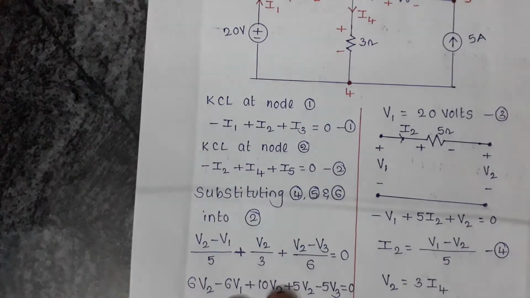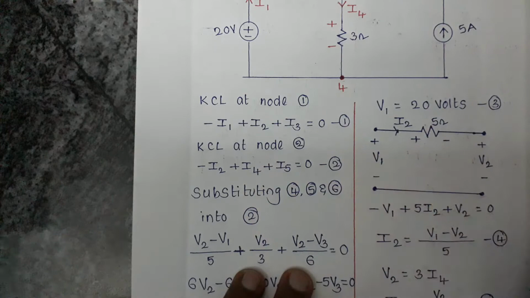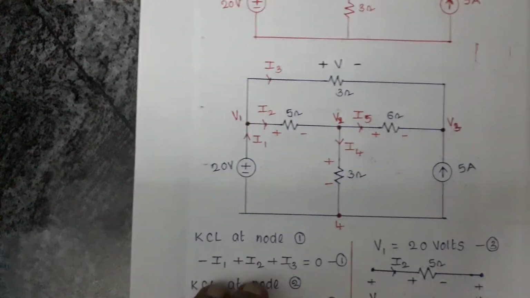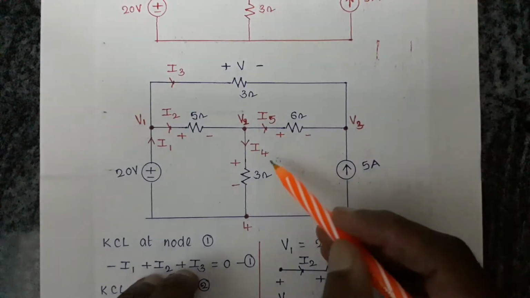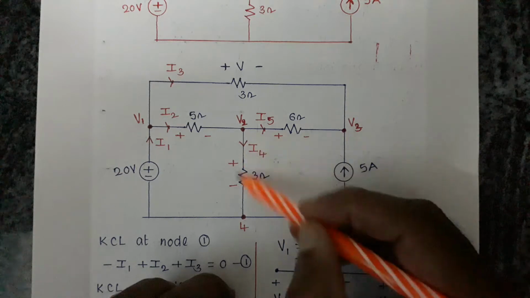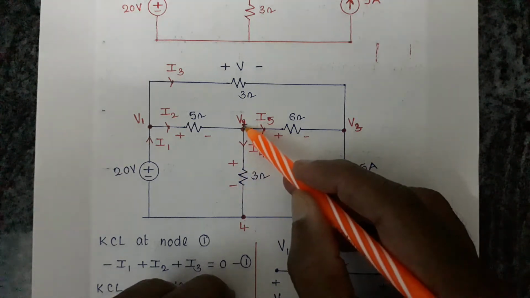Similarly, now we have to solve for I4, as a function of node voltages. If you see this circuit, here is the 3 ohm resistor. The current in this 3 ohm resistor is I4 and the voltage across the 3 ohm resistor is V2.